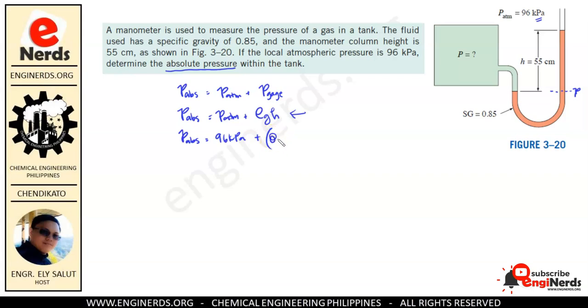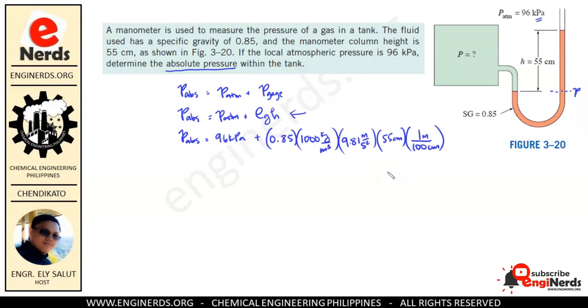We have the specific gravity, which is 0.85, okay, times the density of water, which is 1000 kg per cubic meter, times our acceleration due to gravity, which is 9.81 meter per second squared, times our height, which is 55 centimeter, no? Now, let us convert this to meter, which is 100 centimeter equal to 1 meter.